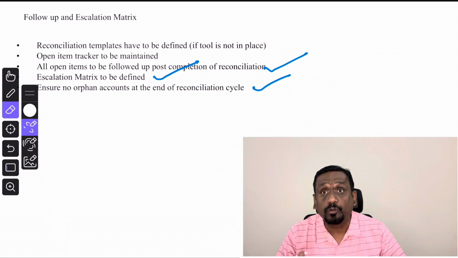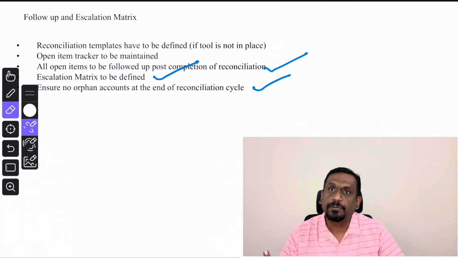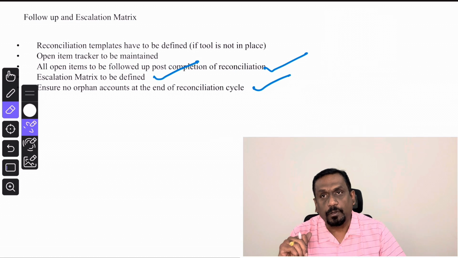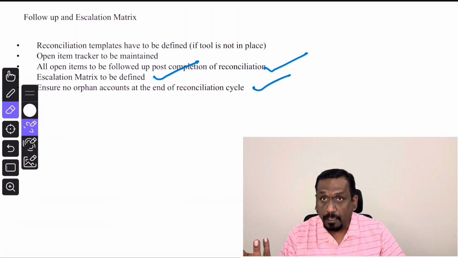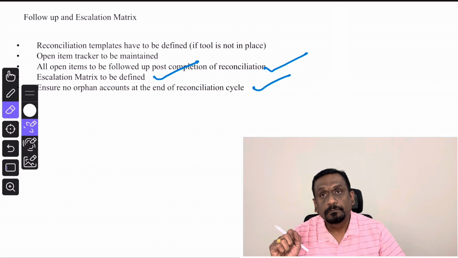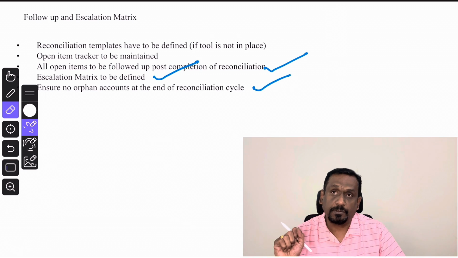If you had not gone through the trial balance, you would have missed performing those 5 account reconciliations. Your auditor would have caught hold of you. Those 5 accounts are orphan accounts. Why am I saying orphan accounts? They are not allocated to any of your team members. Reconciliation was not performed. So those 5 accounts are orphan accounts.